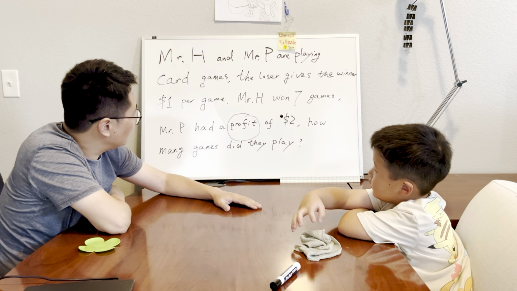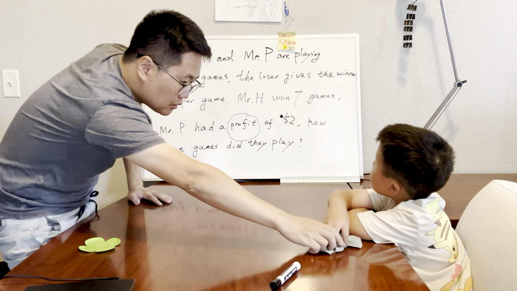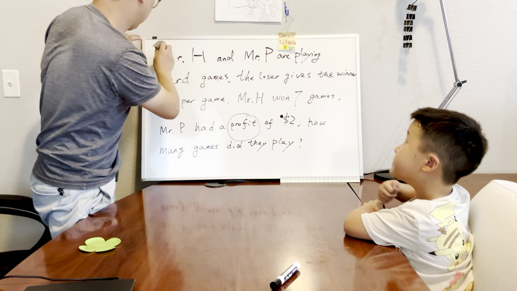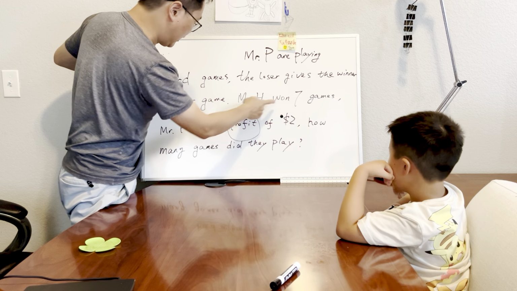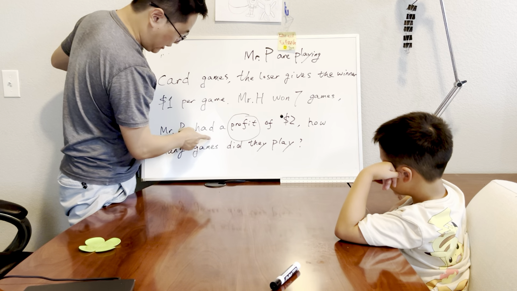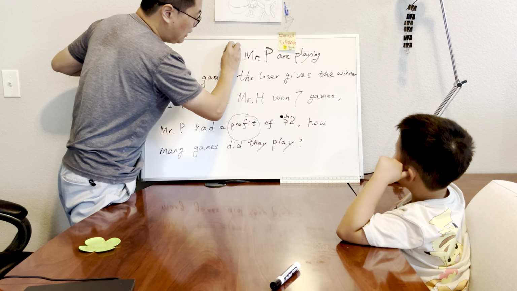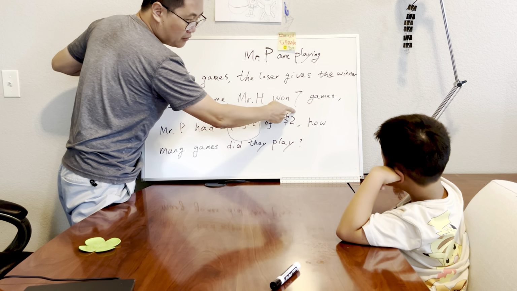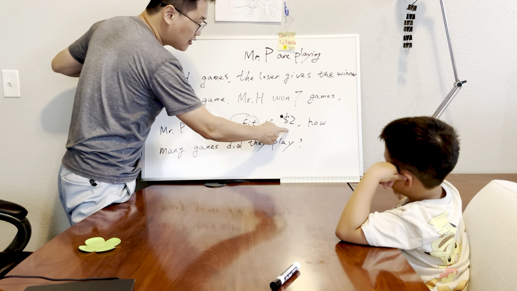So let's try to understand that. Let me just wipe things off. Remember the two numbers. One is that Mr. H won 7 games, and then Mr. P has a profit of $2. These two numbers: H wins 7 games, P has a profit of 2.